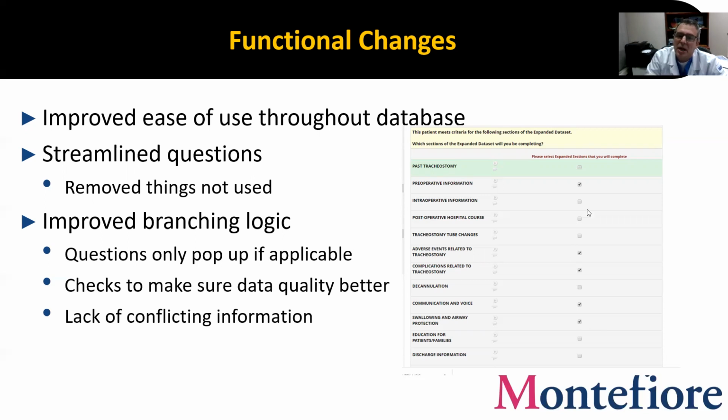So here, if you say for our hospital, we're going to enter up to here, but we're not going to enter communication of voice and swallowing and airway, then you're going to be answering the same things each time, and you're going to have more robust data. And it's going to go quicker, and that's going to make it easier for people to enter data, and hopefully make them enter more data. So I think the people involved have done a fantastic job of making the database more functional.